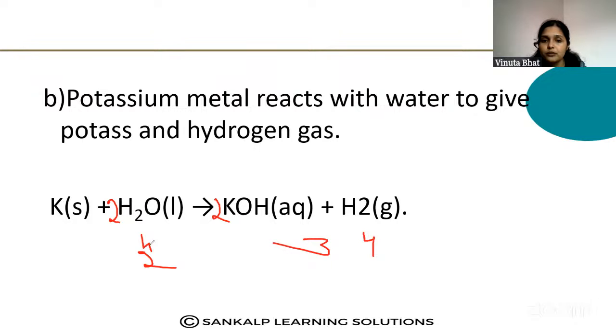But we have to balance the potassium here. Potassium also 2 potassium, here also 2 potassium, oxygen to oxygen, same in the reactant and the product. Then hydrogen is also balanced. This is the balanced chemical reaction.